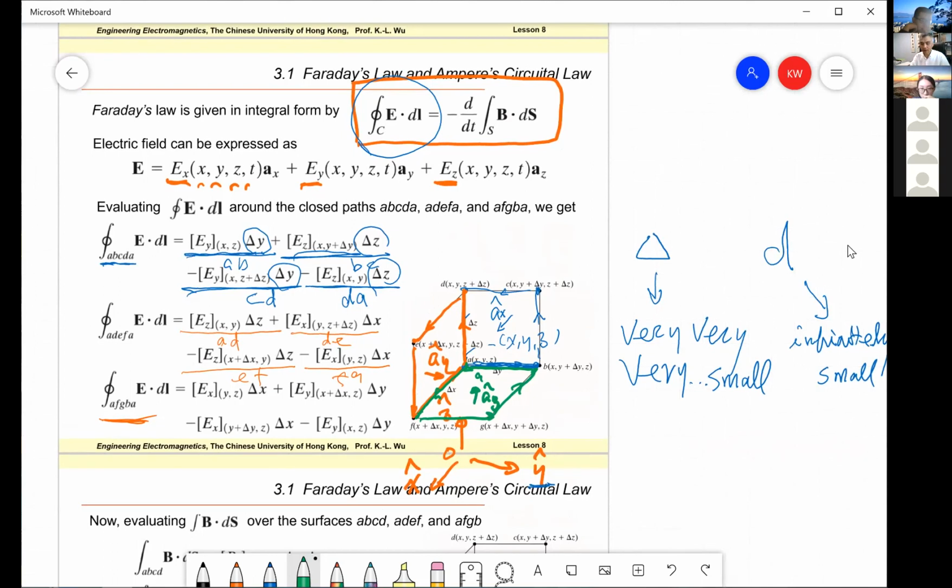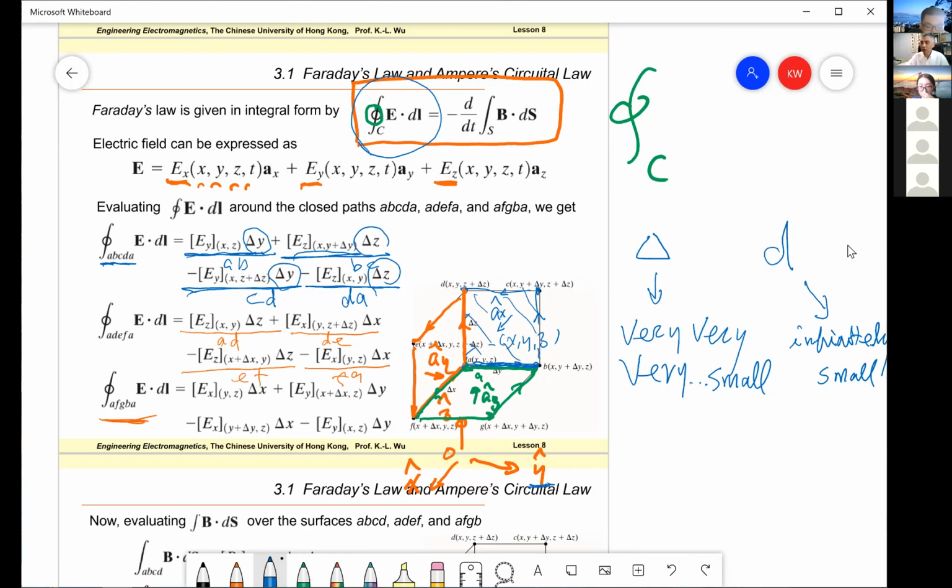On the left-hand side, this circle means a closed line integration, but the surface is not closed. The surface is an open surface. It is also very clear that the simplest surface corresponding to each of these three contours will be defined by this direction, the differential area. The first differential area will be this.